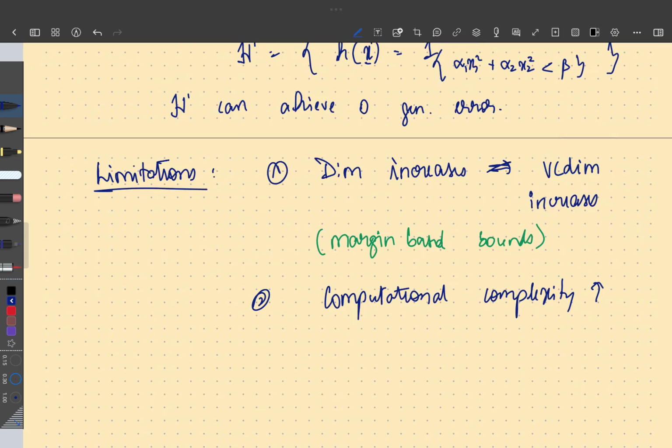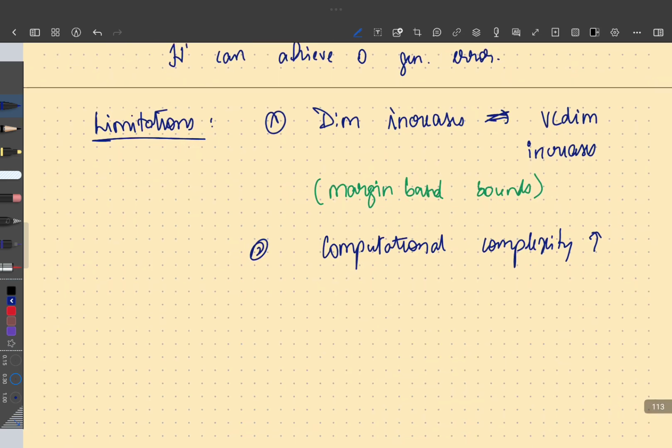Or if you're using stochastic gradient descent, then again, it depends on the number of points that you have. It also depends on the dimension, because you have to compute a gradient at each step, and the complexity of computing the gradient is proportional to the dimension. All right? And we'll see that the second issue will not really become much of a problem.